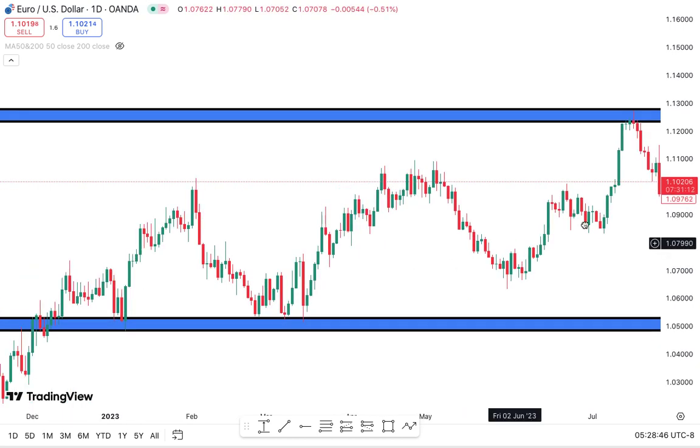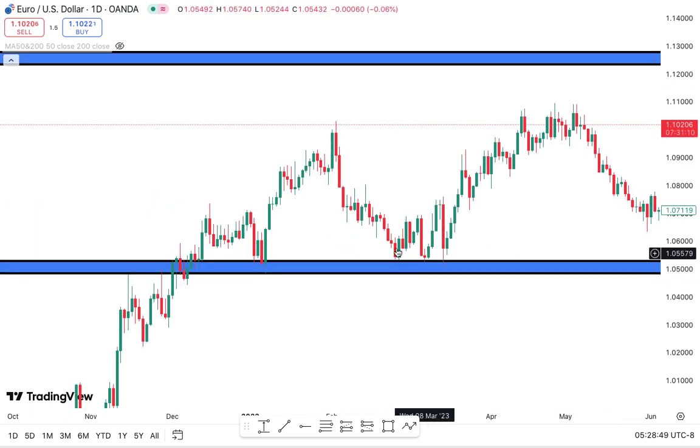You can see that we broke out of here and then came out to balance out nicely somewhere around here.